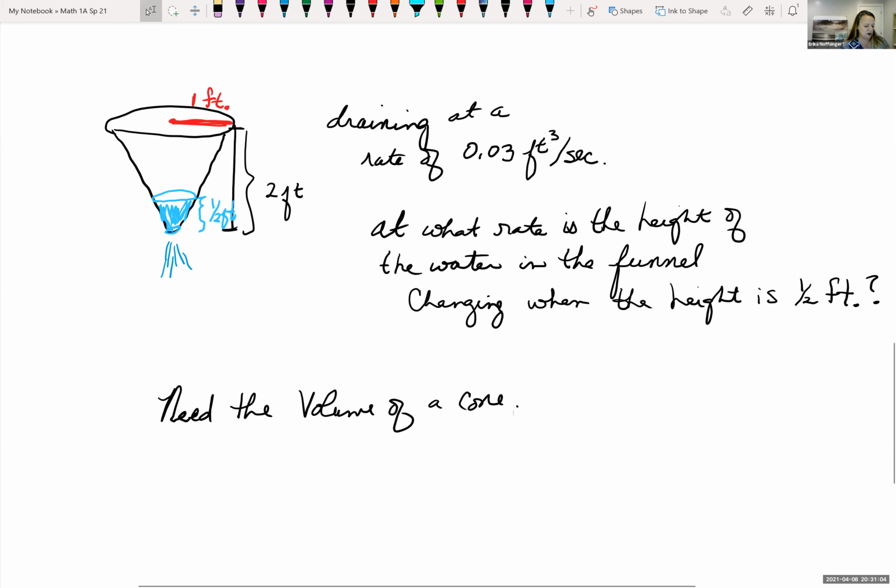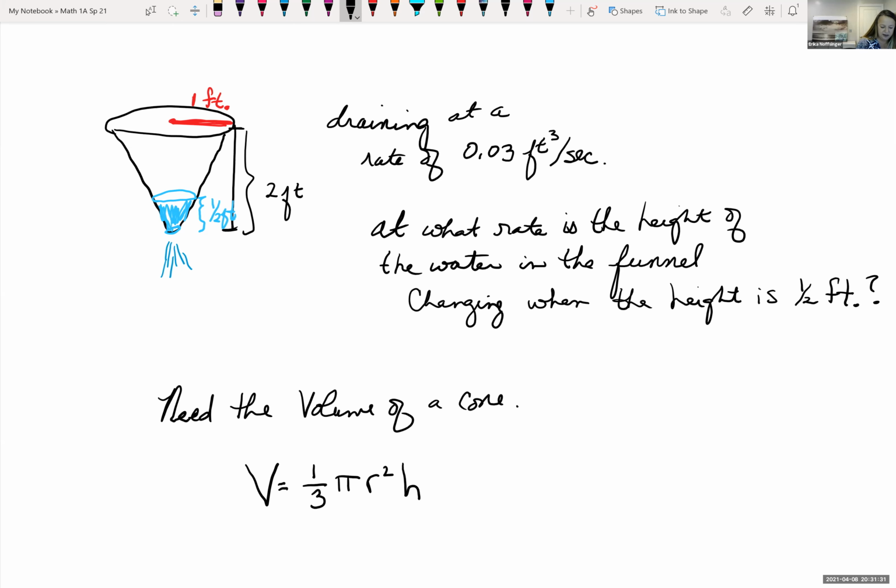The volume of a cone is equal to, and I would give you this formula on an exam, I don't expect you to have this one memorized, 1/3 pi r squared times h. The thing is that we have volume, we have the radius, and we have the height.